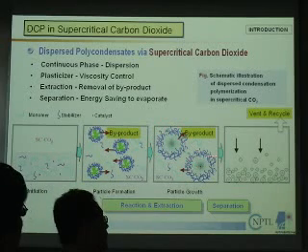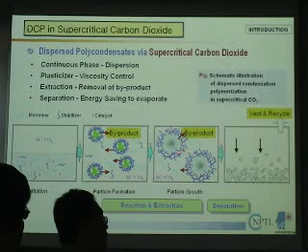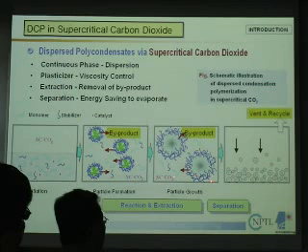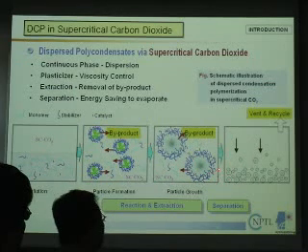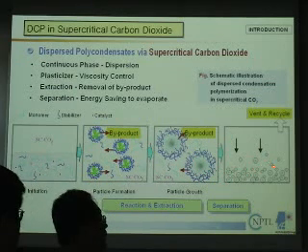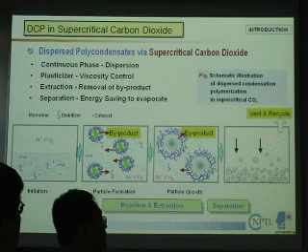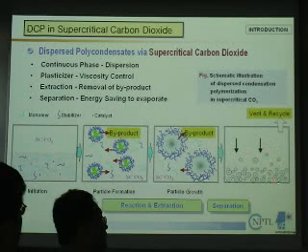That means you don't have any byproduct inside of these particles. So once you reach the final point, you simply adjust the pressure of that system, and the final product is separated out of the reaction.